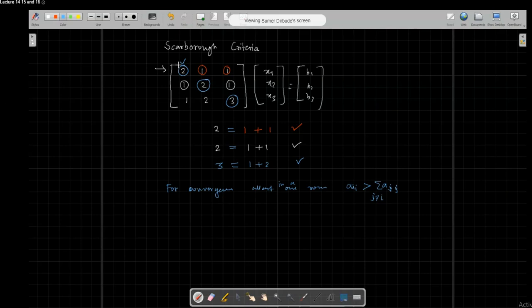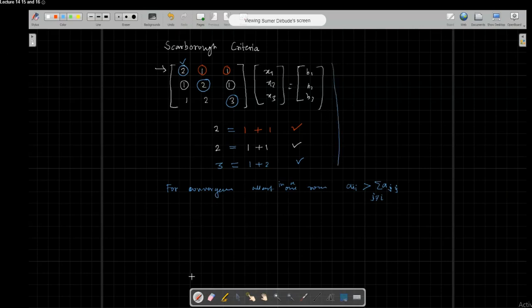So here there is diagonal dominance, but it may not guarantee convergence. Here there is no guarantee.